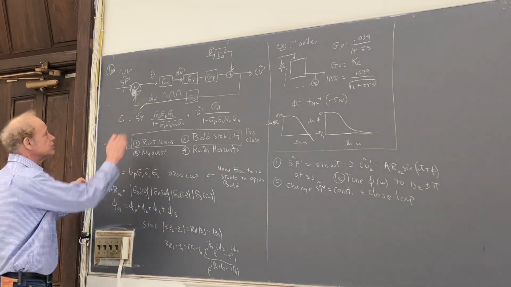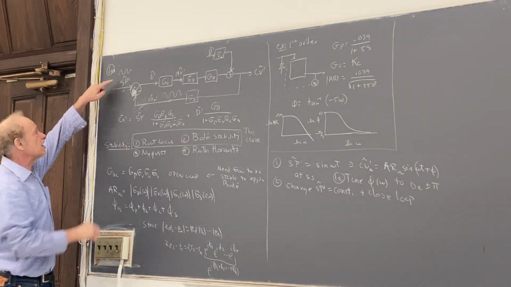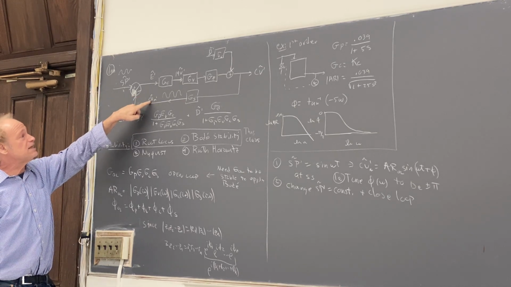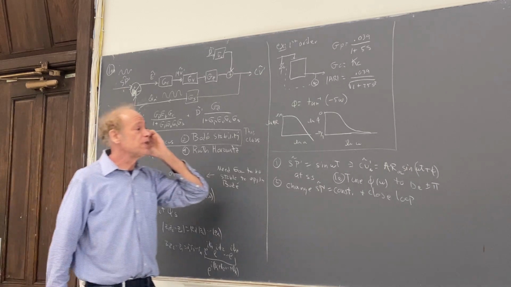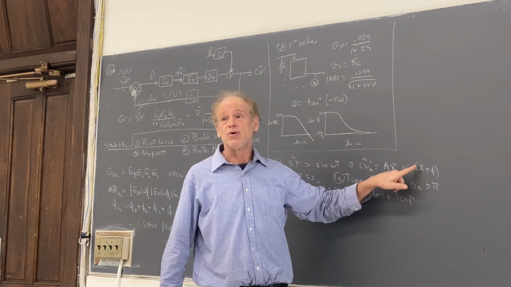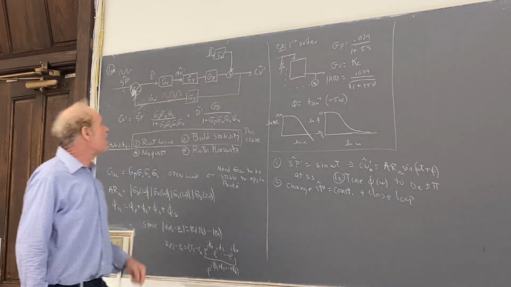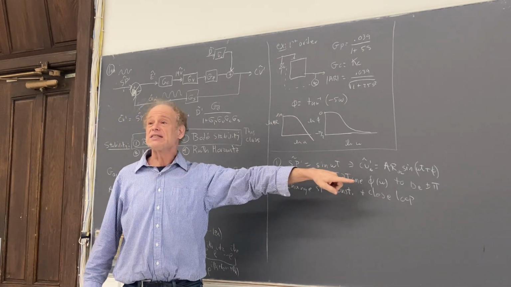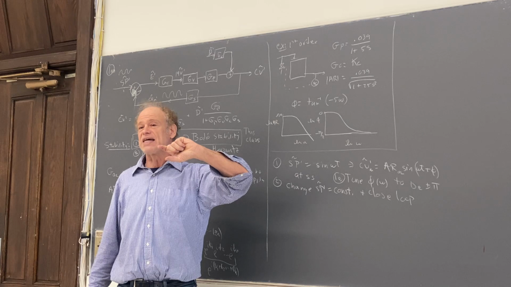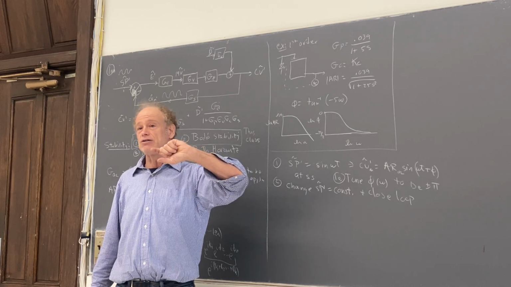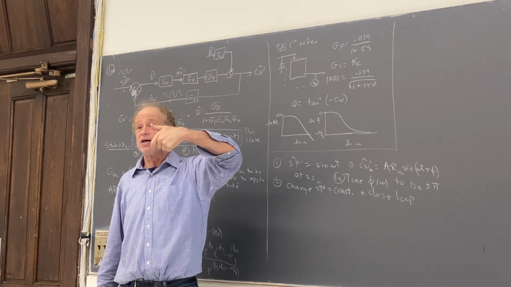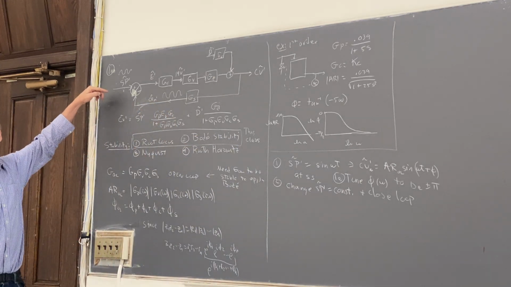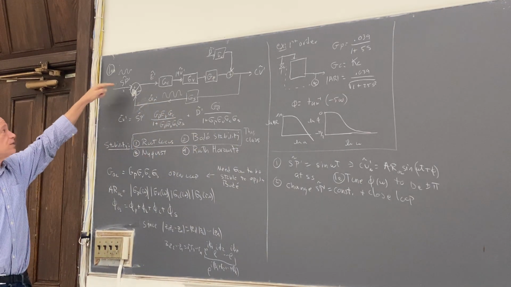So when I close the loop now, I'm going to have a constant minus this CVM prime, which is pi out of phase with the initial sine function. So now I have an error that's a constant minus something that was 180 degrees out of phase. Since it's minus 180 degrees out of phase, it's in phase. So the error is a sine function that's in phase with the original sine function.